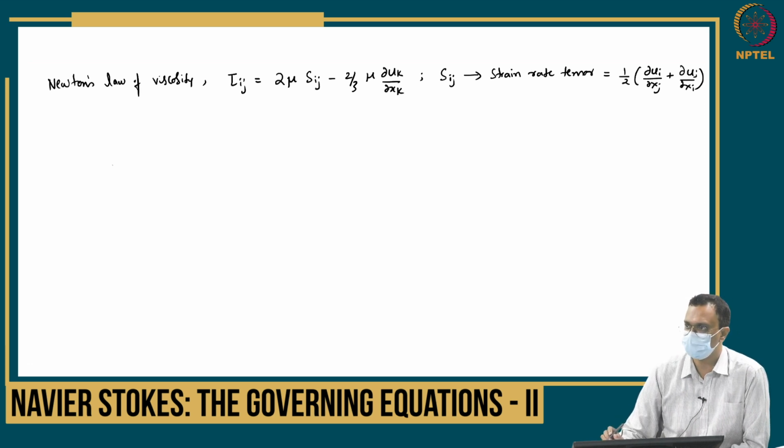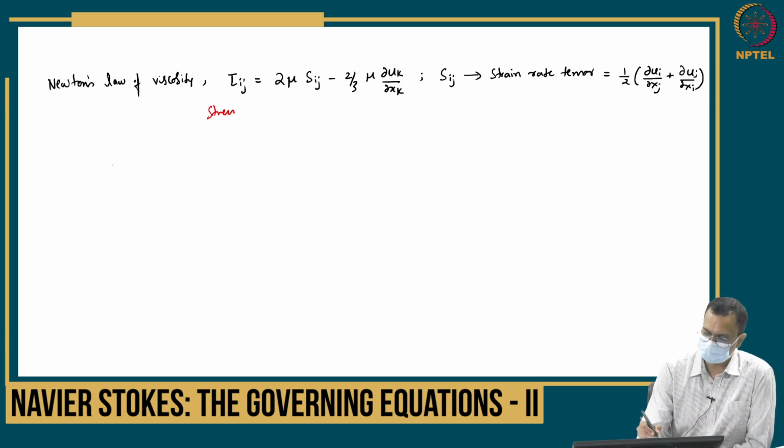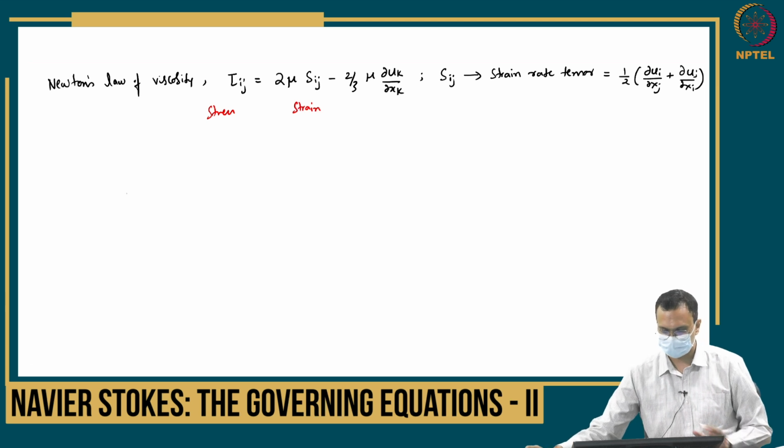Whenever we use incompressible flows, that is constant density, this term will vanish because dou uk by dou xk is 0 by the continuity equation. We would have only this part. So we have related the stress to the strain here, and this is applicable only for Newtonian fluids, of course. So we already have a model.